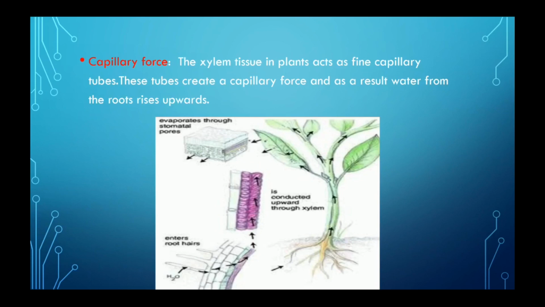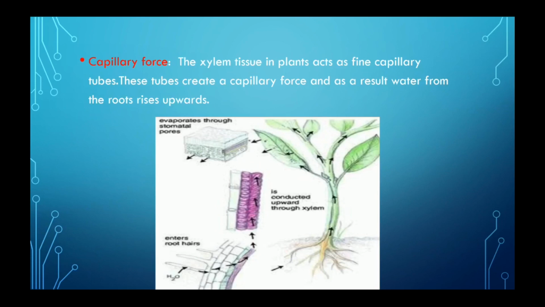For example, some water is dropped on the tiles or on the table, and you have a paper strip. You touch one end of the paper strip to the water drop, and the other end is in your hand, slightly above the table. Then you will observe that the water is rising up in this paper strip.